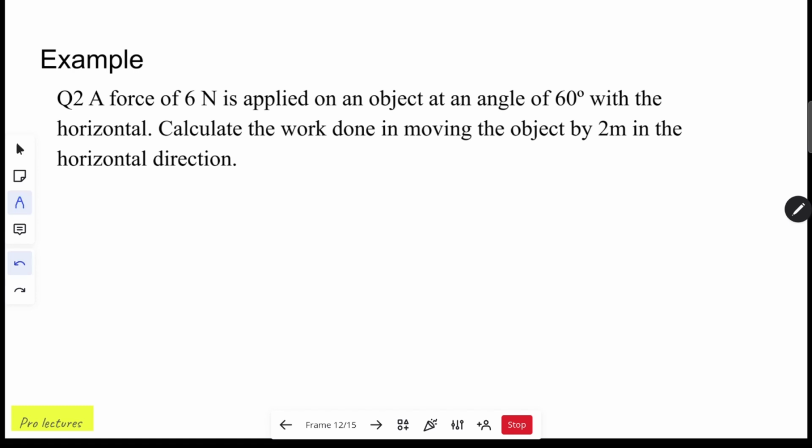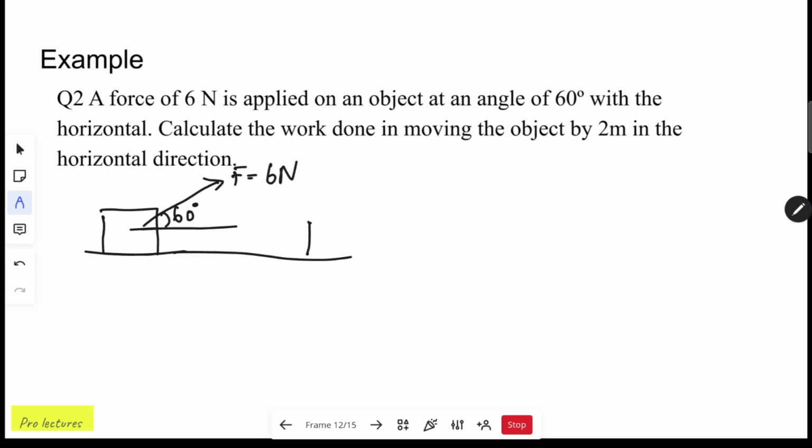This is the dimensional formula of work. So let us see the second example. A force of 6 Newton is applied on an object at an angle 60 degree with the horizontal. Calculate the work done in moving the object by 2 meters in the horizontal direction. We are applying a 6 Newton force at an angle 60 degree.